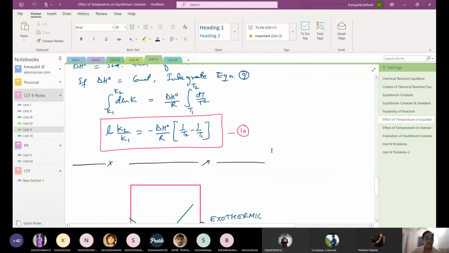So use this equation, equation 10. दिख रहा है? ln K2 by K1 is equal to minus delta H0 by R into bracket 1 upon T2 minus 1 upon T1. You know heat of reaction, you know K value at one temperature, you can find out K value at second temperature.